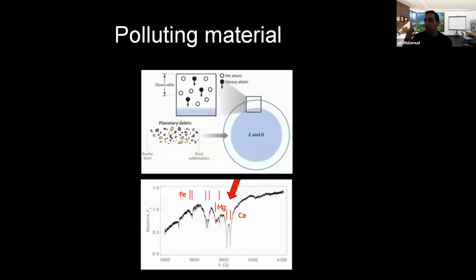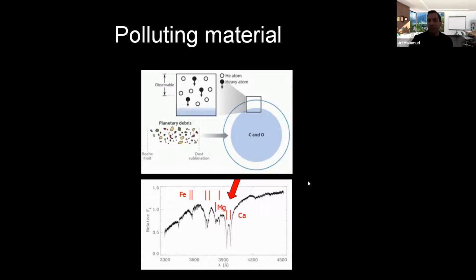And according to theoretical models, the heavier elements, the ones that are heavier than helium, they should sink very quickly inside the atmosphere on a time scale of maybe even days or weeks for hydrogen-dominated atmospheres, and maybe up to 1 million years for helium-dominated atmospheres. But it really depends on the temperature of this atmosphere. So it depends on the cooling age of the white dwarf, which is another word for the age of the white dwarf.